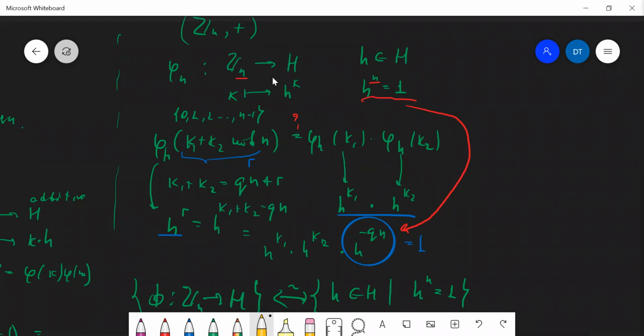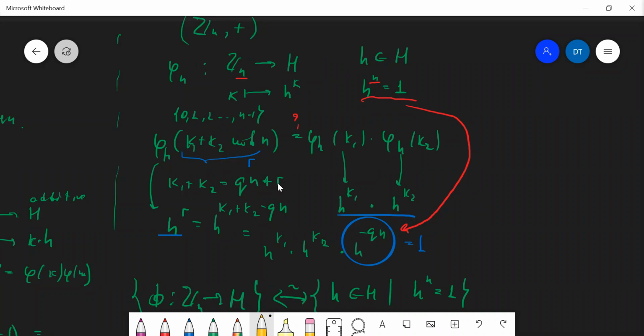You must clarify which group you use. H could be in any group, and the element h small is from the group H, not from the group Zn. Okay, so if you have an element h small such that h to the power n is equal to 1, we can produce a homomorphism.